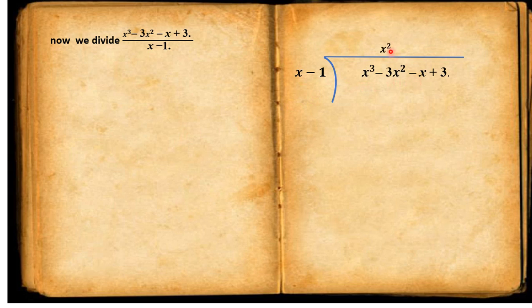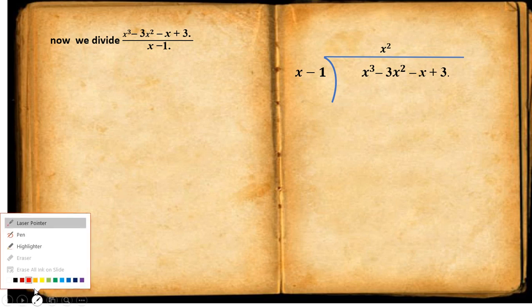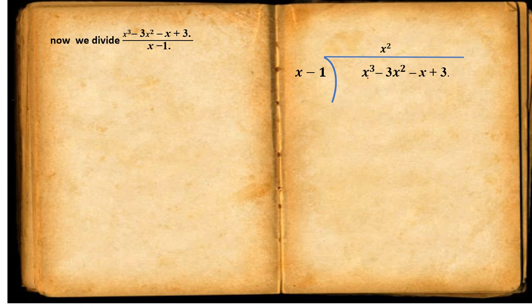For dividing, we write x minus 1. This divides the polynomial x cube minus 3x square minus x plus 3. So we get x square multiplied by x. Now how do we get this x square here? Let's understand it. This x cube, that means we have to write x cube divided by x.